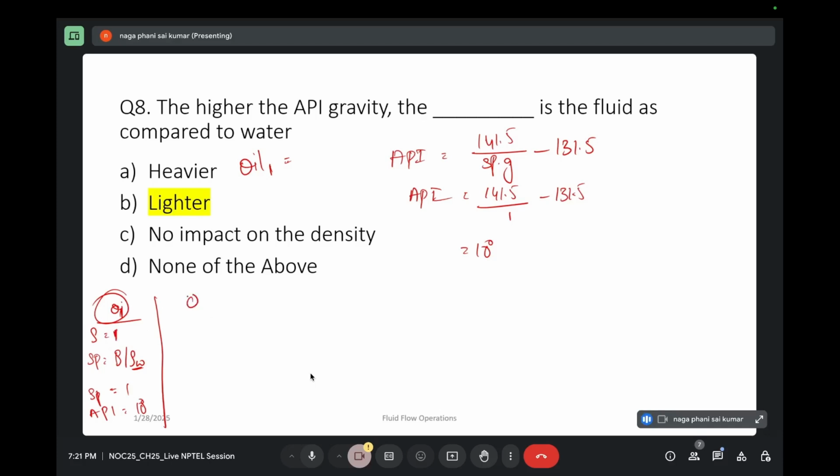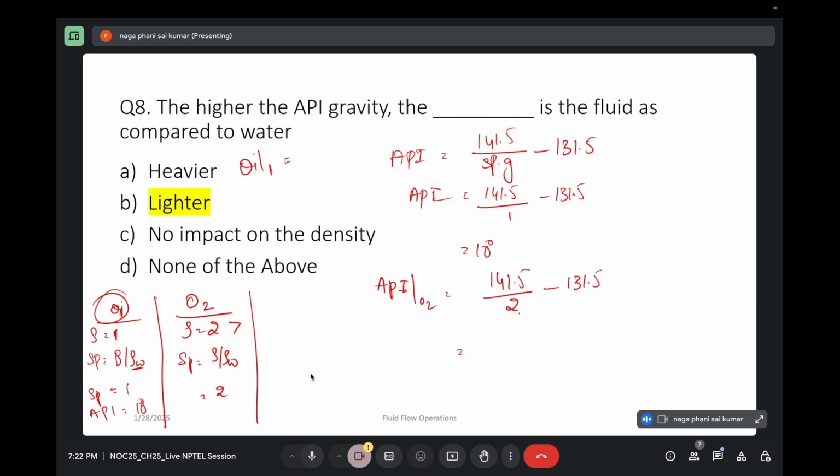Okay, let's take the second case, oil 2. Let's assume that density is 2, which is greater when compared to density of water, right? So specific gravity will be density of liquid by density of water, and this will be 2, because 2 by 1 is 2. So now if you calculate API for oil 2, it will be 141.5 by 2 minus 131.5.